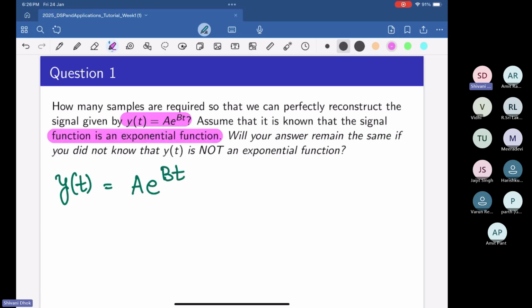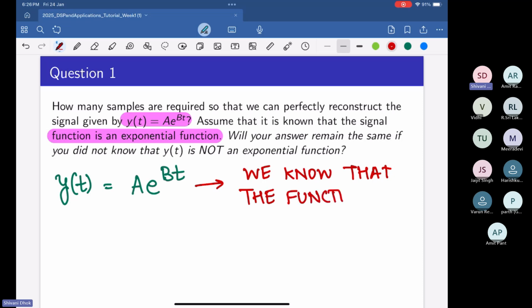We know that. So what does that mean? We know that the function takes this particular form.